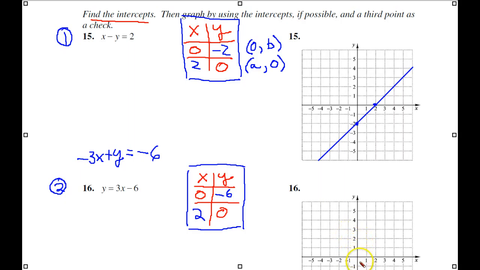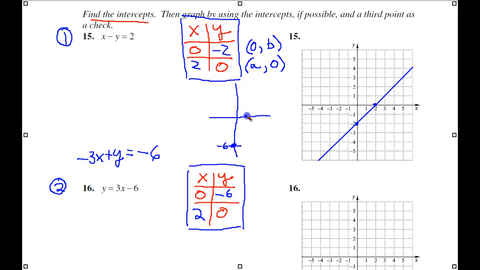0, -6. Oh, I ran out of room. I don't have any room for that one. So let's just do it over here. I'll make a new graph here. So 0, -6 will be right about there. That's -6. And then 2, 0.